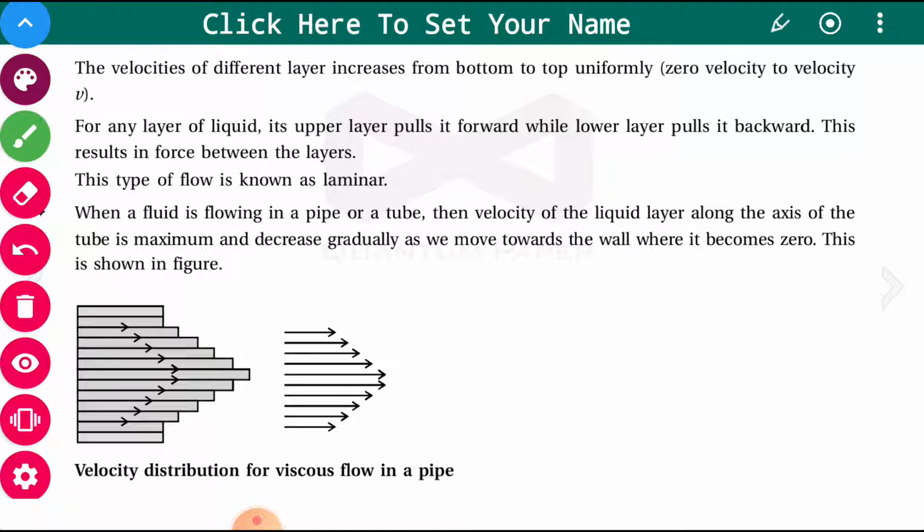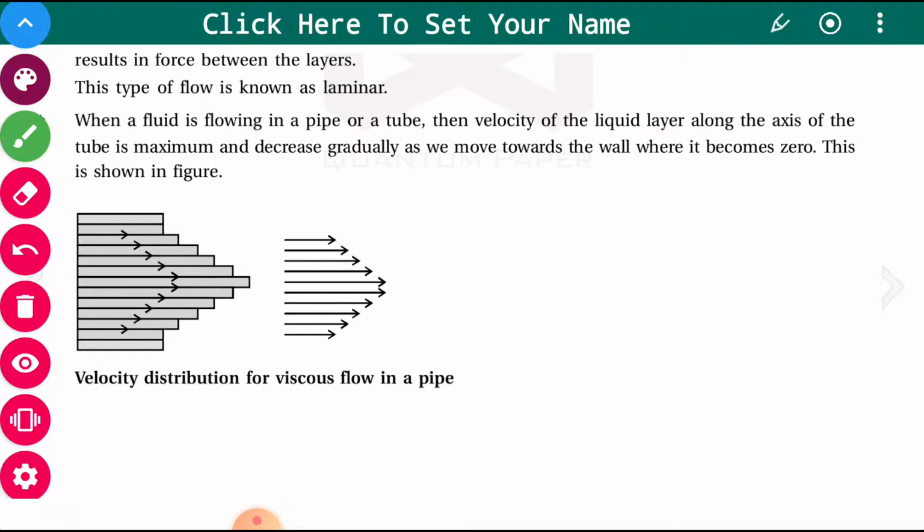For any layer of liquid, its upper layer pulls it forward while the lower layer pulls it backward, or tries to remain stationary. This results in force between the layers. This type of flow is known as laminar flow. When a fluid is flowing in a pipe or a tube, the velocity of the liquid layer along the axis of the tube is maximum.